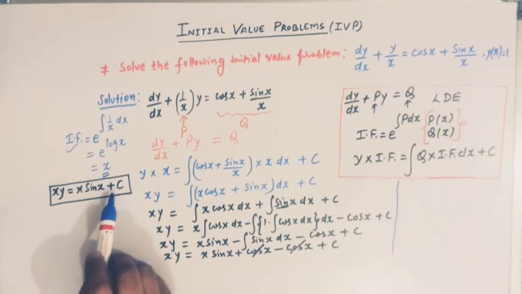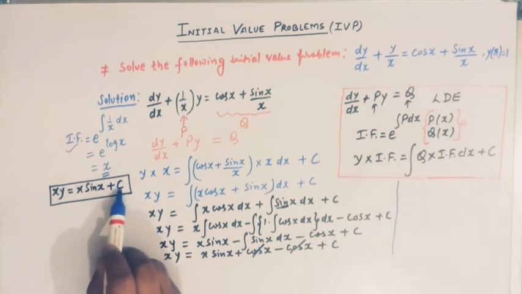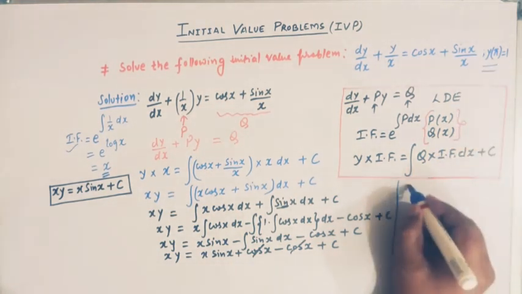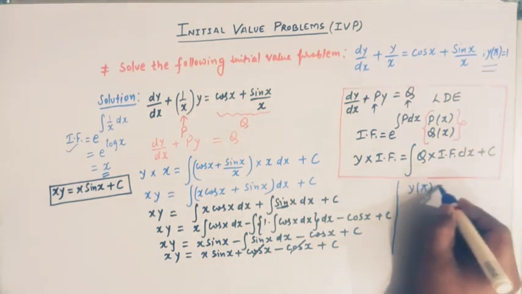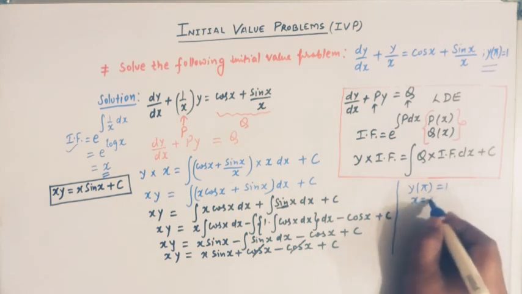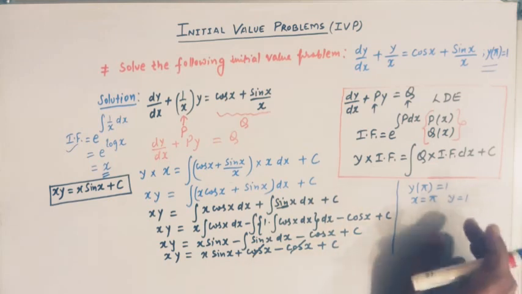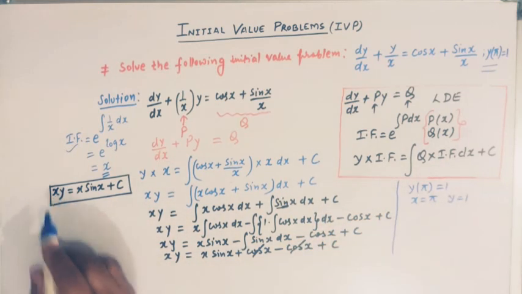Now in order to find out the value of this constant, we'll make use of this condition. So we are given y of pi is equal to 1. It means when x is pi, the value of y is 1. So let us substitute these values over here.